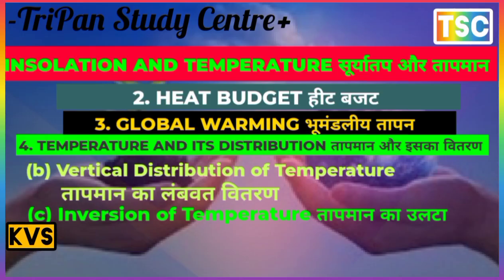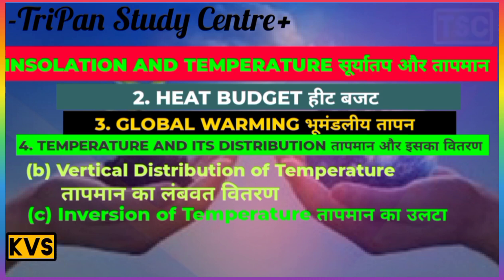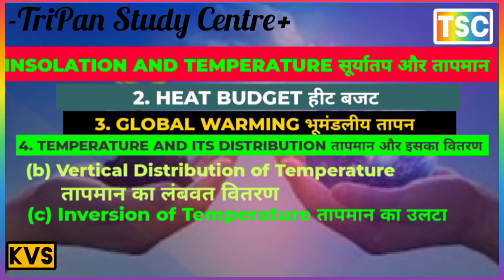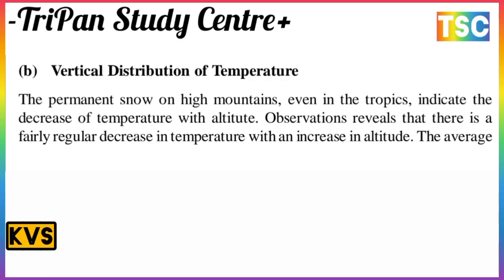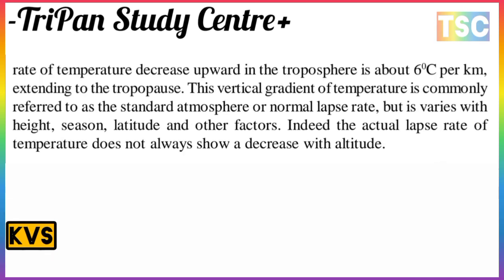The permanent snow on high mountains, even in the tropics, indicates a decrease of temperature with altitude. Observation reveals that there is a fairly regular decrease in temperature with increasing altitude. The average rate of temperature decrease upward in the troposphere is about 6 Celsius per kilometer.